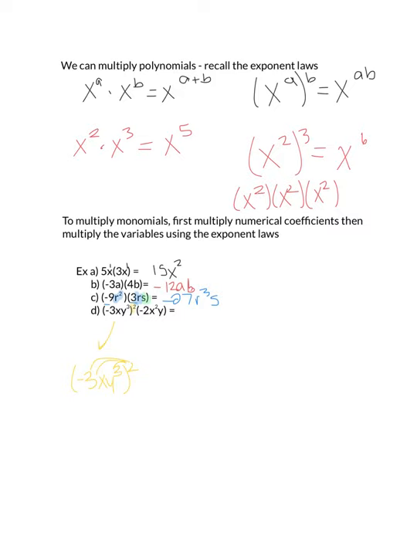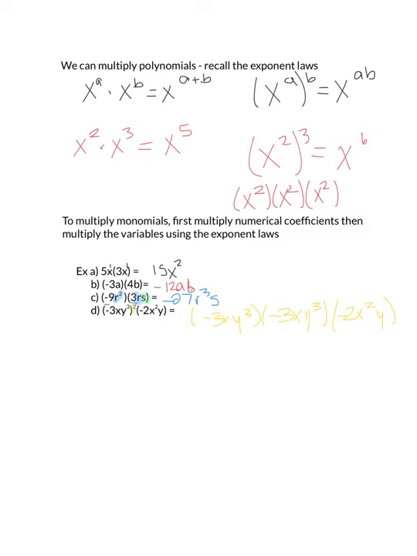Or I could think about it like negative 3xy cubed times negative 3xy cubed times that negative 2x squared y. Now, this isn't bad. It's only a squared. I'm only rewriting that bracket one more time. If it was anything bigger, I wouldn't want to do that.